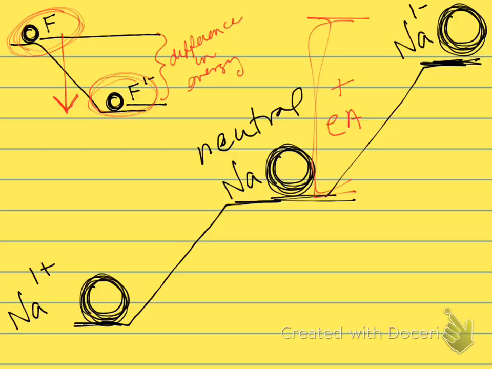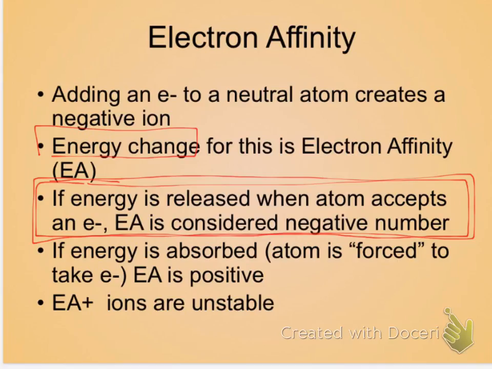The minute you let go, it's going to pop right back off. You can't make it take an electron because it doesn't want one. So that would be a positive electron affinity. Positive electron affinity ions are not stable. They're going to dump the electron the second they can.